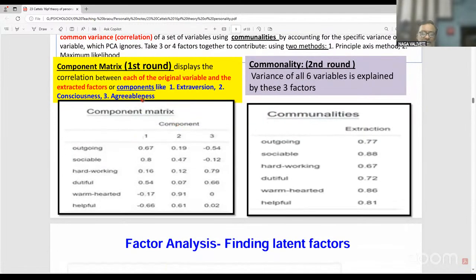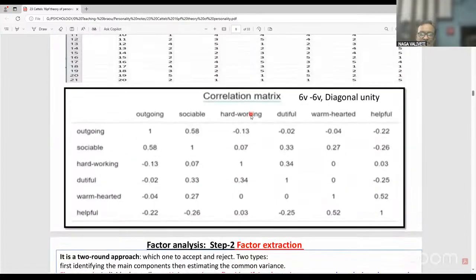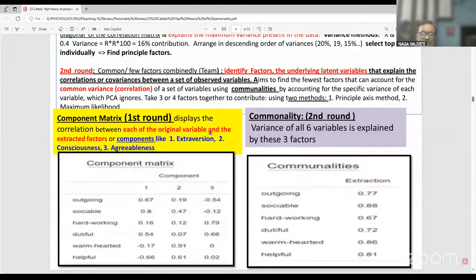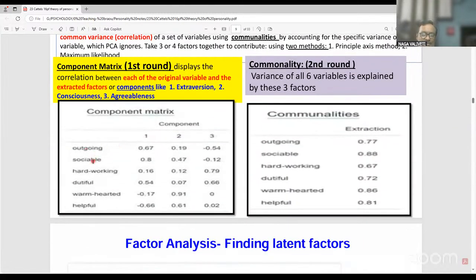What 3 factors have arrived from this? In the first round of the data, extraversion, outgoing and sociability are high. Number 1 means extraversion. Number 2 means conscientiousness, hardworking, and these are coming nearer. And the third one is agreeableness.